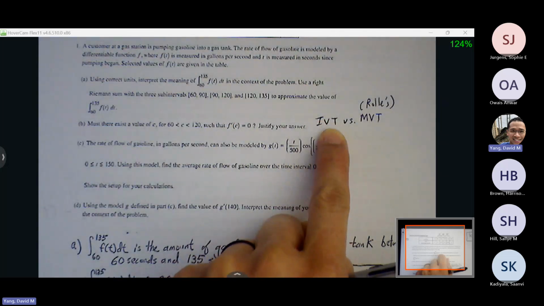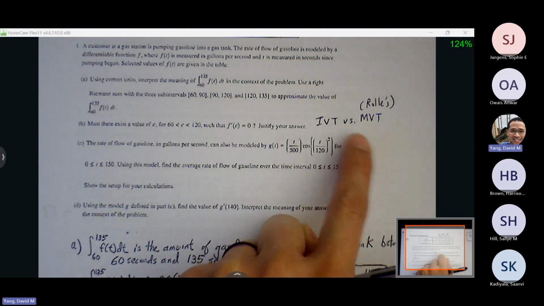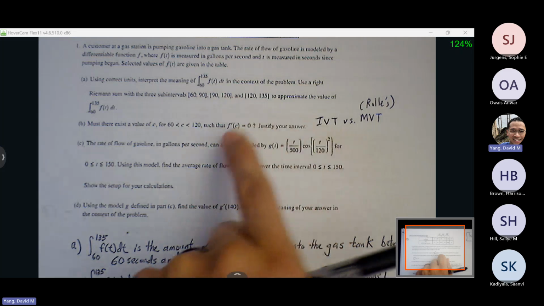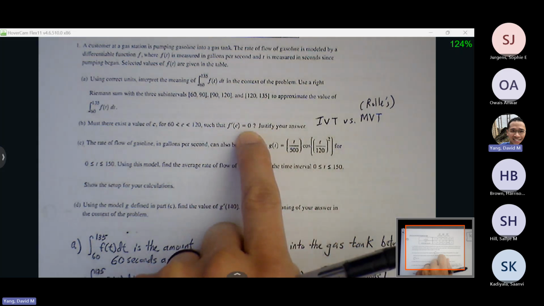Sometimes students have some trouble deciding, how do I know whether it's IVT or mean value theorem? I think typically we always want to see if IVT can solve the problem for us because it's easier, it doesn't require calculus. We just have to look to see, if my target point is 0, is there a point below 0 and a point above 0? And if there is, the graph's going to have to cross through 0 somewhere between.